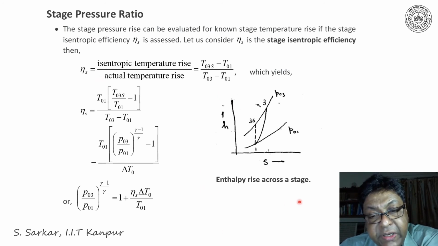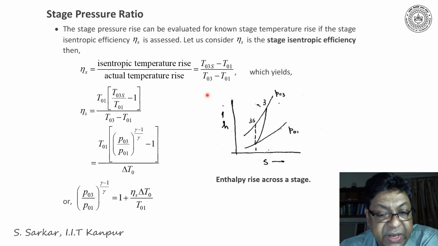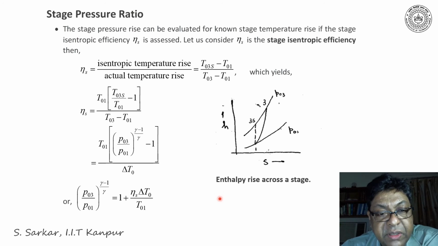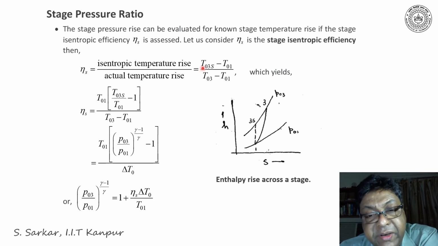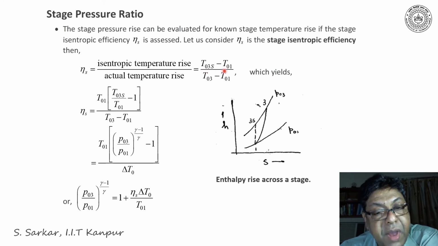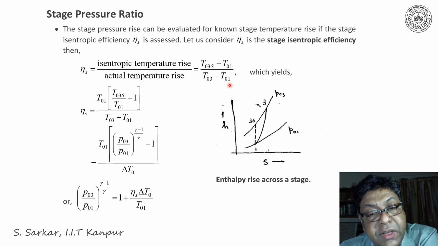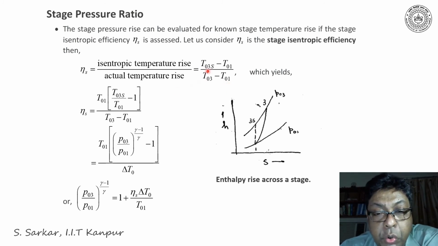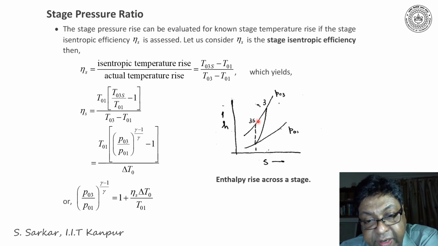Now, referring to the h-s diagram of a stage in a compressor, eta S can be written as T03S minus T01 divided by T03 minus T01.